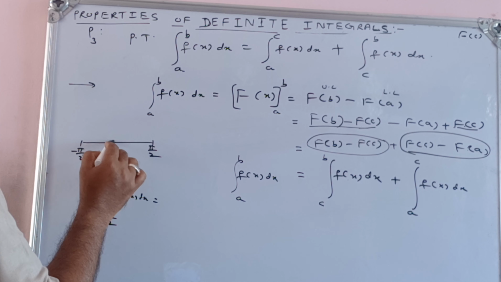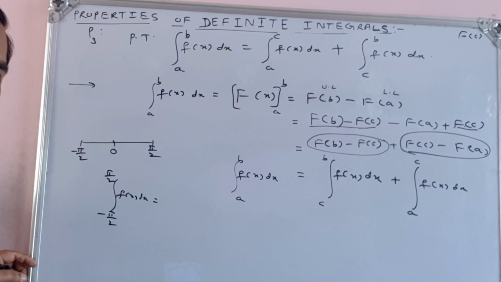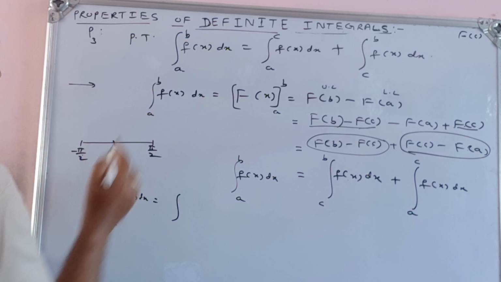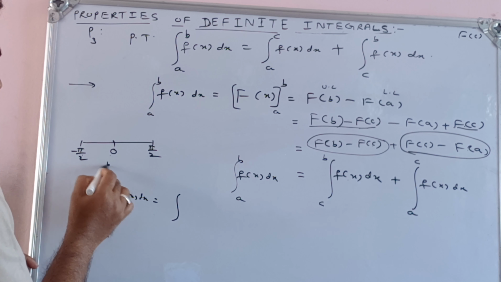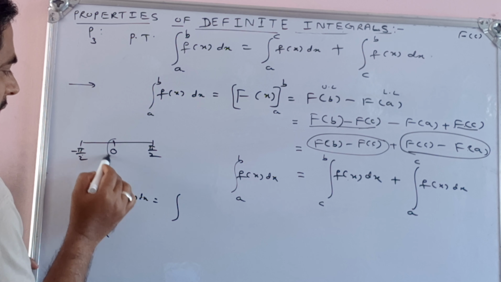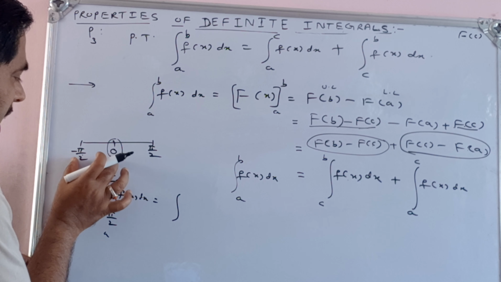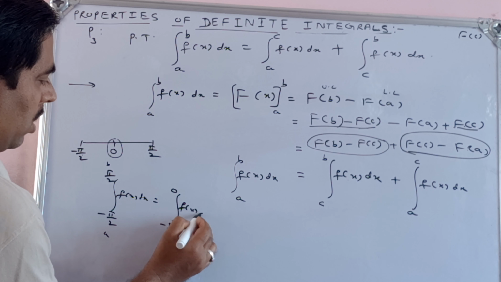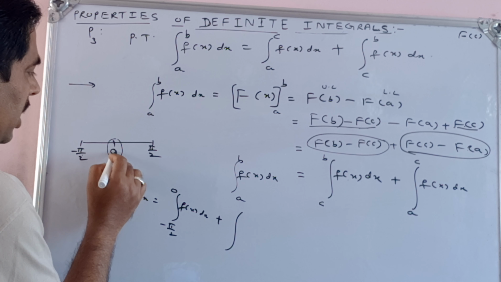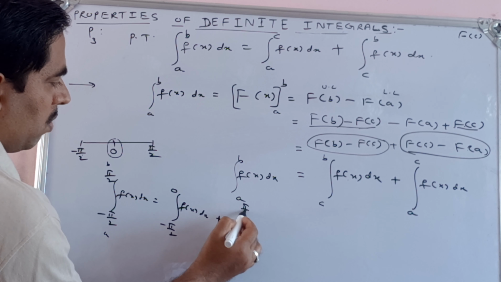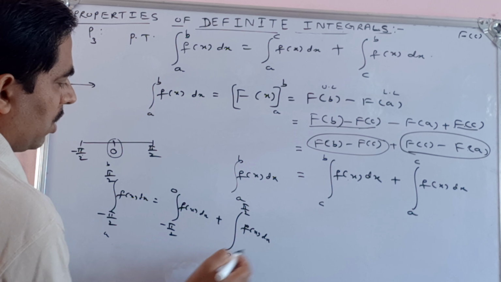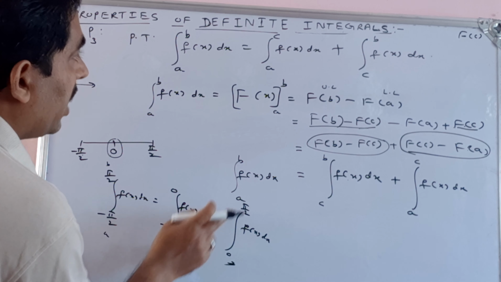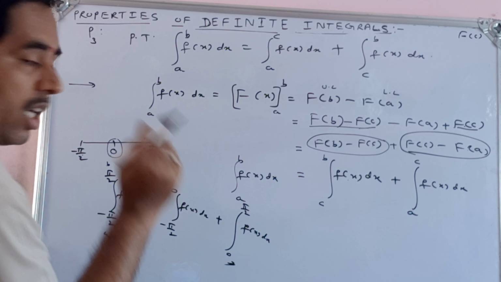If I split this at some point, say 0, then according to this theorem, with a to b, what is my dividing point here? 0. So this can be written as the integral from minus pi by 2 to 0 of the given function plus the integral from 0 to pi by 2 of the given function. We integrate this and this, then add. So a to c, c to b, a sum of two integrals.